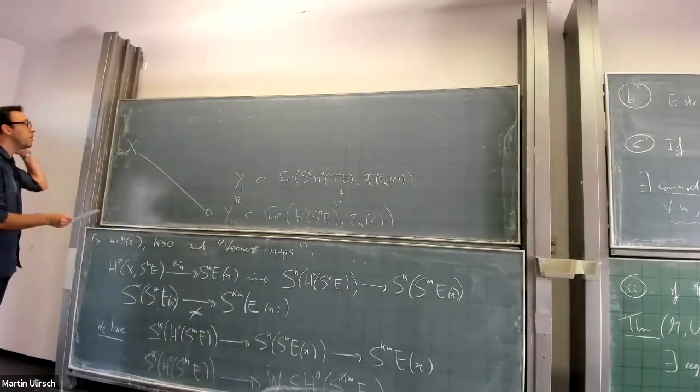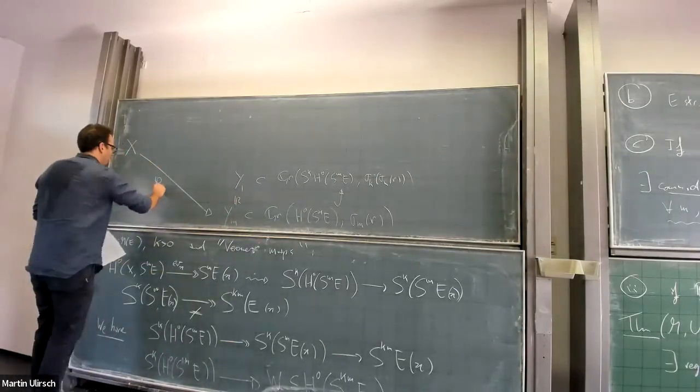Okay, now I have to consider also the map. So this is the map phi_m.